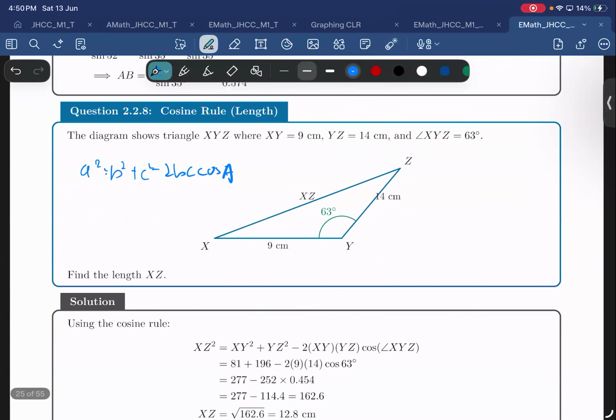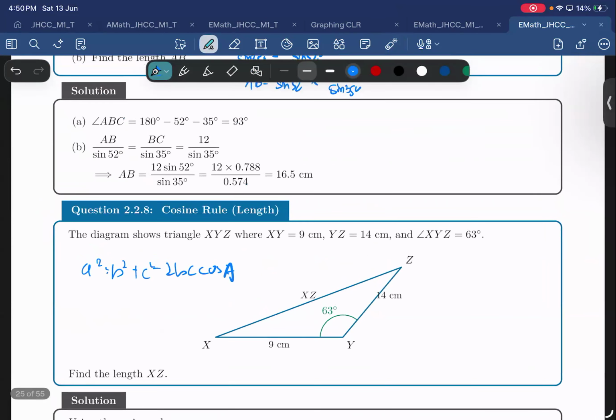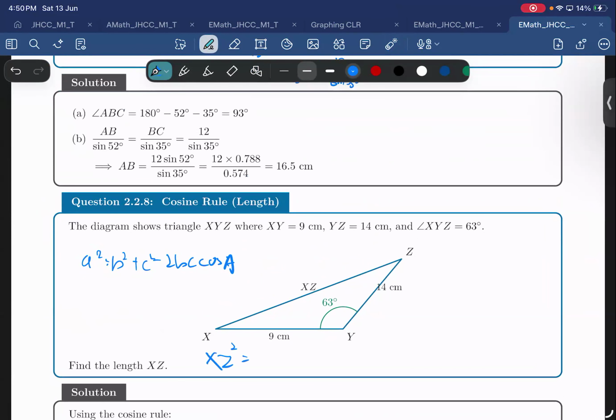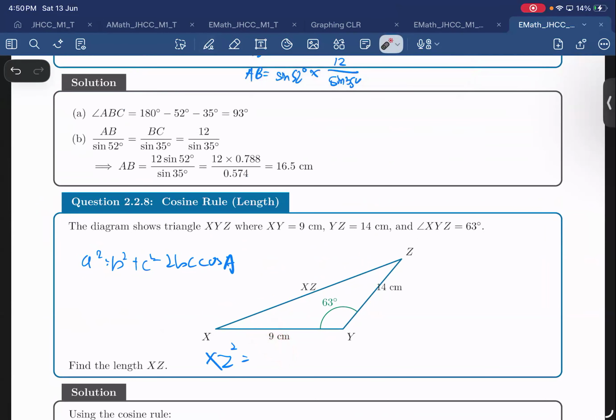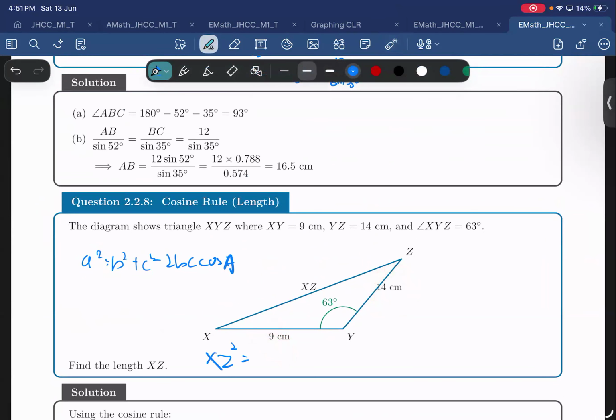So XZ squared equals b squared, let b be 9. XY is 9 and YZ is 14. So 9 squared plus 14 squared minus 2 times 9 times 14, and as mentioned, the capital A here is 63 degrees.